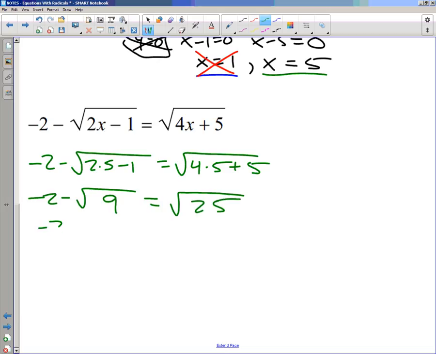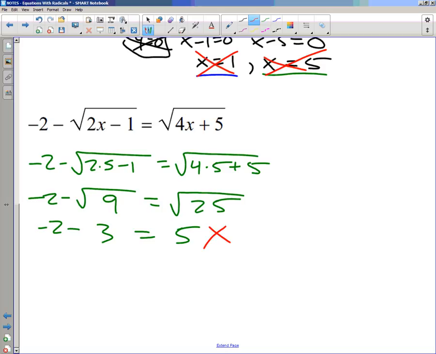All right, negative 2 minus square root of 9 is 3. Square root of 25 is 5. This equation says that negative 2 minus 3 is equal to 5. That's not a true statement either. So we have to eliminate that solution as well.